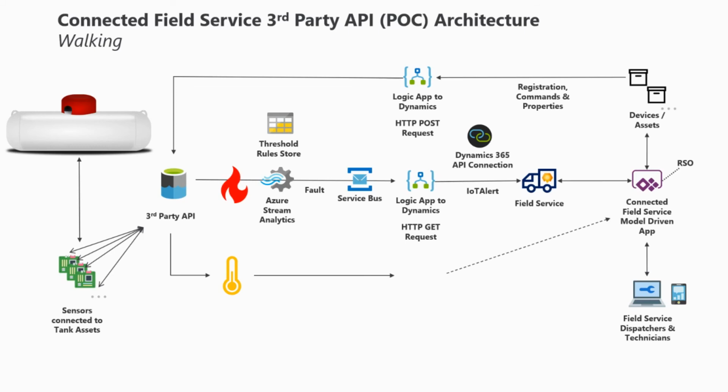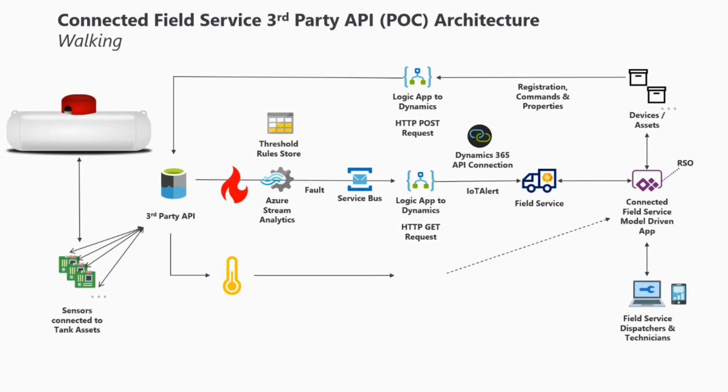Now, taking this proof of concept a step further, we've added to the Connected Field Service model-driven app perhaps Resource Scheduling Optimization, or RSO, which can be configured to begin automatically assigning field techs to work orders. In the case that anomalies do get detected in the system, they can be automatically dispatched.